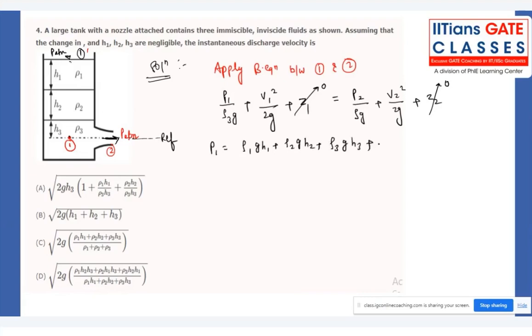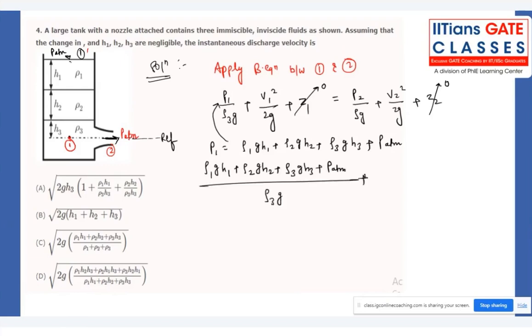The same thing I'm writing in this equation: rho 1 g h1, rho 2 g h2, rho 3 g h3, divided by rho 3 g, plus V1 square divided by 2g. What is the velocity V1? V1 will be 0.